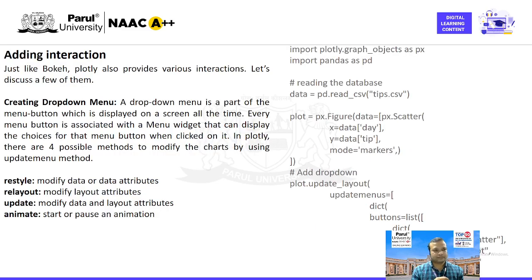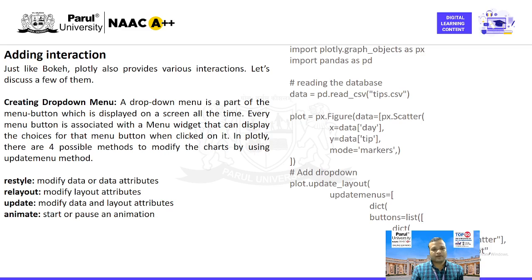Adding interaction. Just like Bokeh, Plotly also provides various interactions. Let's discuss a few of them. Creating a drop-down menu. With the help of Plotly, you can create a drop-down menu.